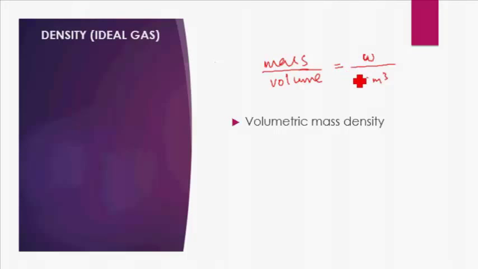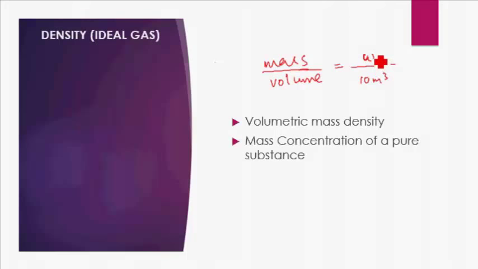you will get the density of that iron block. Since it is mass per unit volume, you can say that it is mass concentration of a given substance, of a pure substance. Once again, like this iron block, I divided the mass of the iron block by the volume of that same iron block.